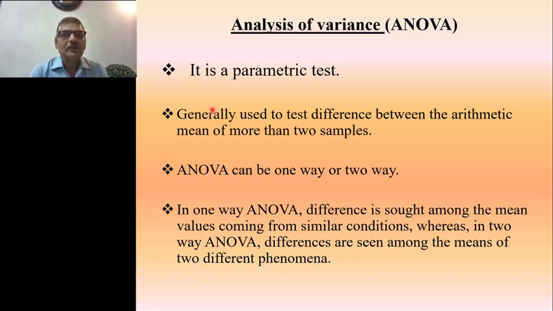Parametric tests are those tests which are dependent on certain parameters like arithmetic mean values or standard deviation or standard error. These important values of central tendency and dispersion have to be known to the individual.